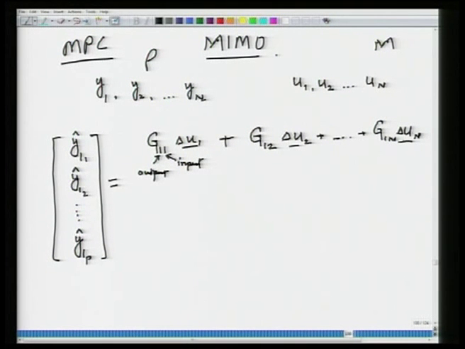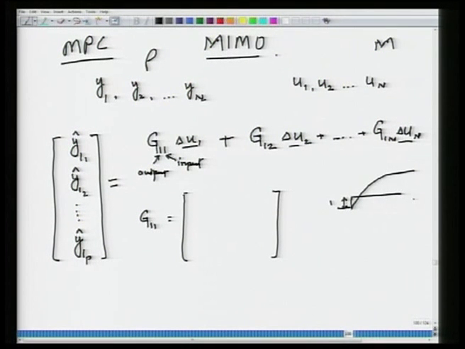And by the way, what is G11? G11 is equal to, I give a small unit step change to delta U1, to input 1. So, this is unit, and in response to this I record what happens to output 1.